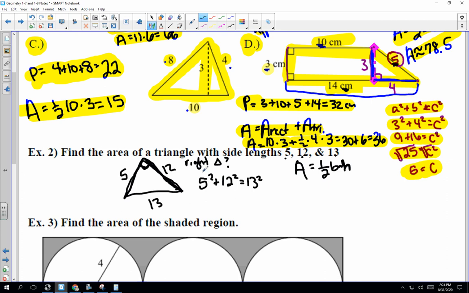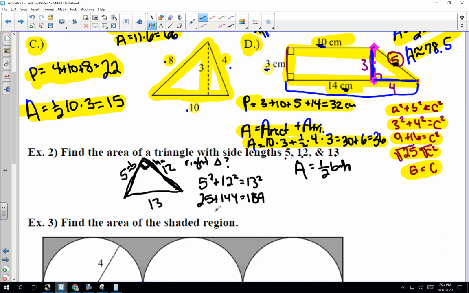So if you have a right triangle, then you can use 5 to be the base and 12 to be the height. On a right triangle, the base and the height are the side lengths because of the perpendicular right angle.